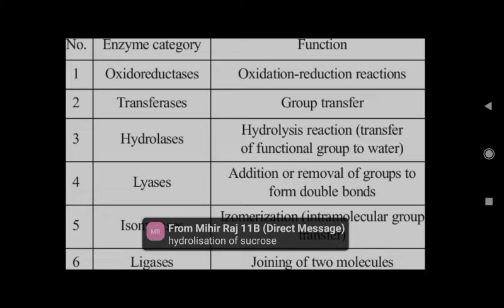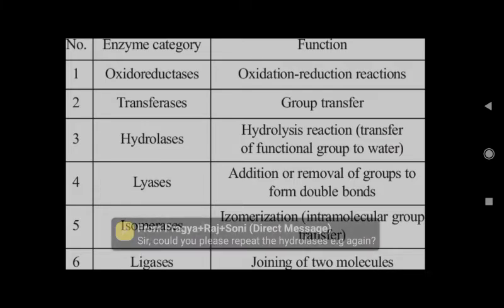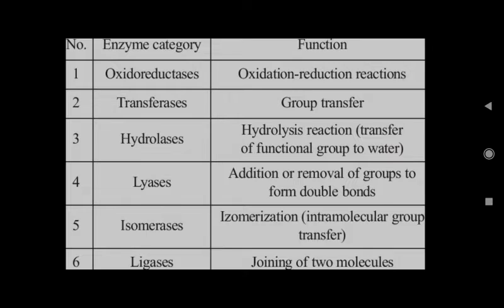No, no, Mihir, no. See students, many of the enzymes we have studied, and now when we are doing the categories, I am asking you the function, because we have done a number of biochemical pathways or metabolic pathways. Okay, Pragya, hydrolases bring about hydrolysis.